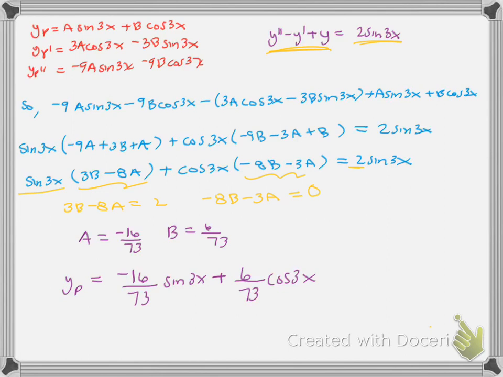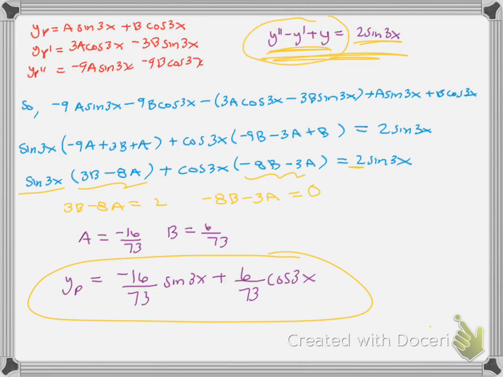Okay, and of course with any solution, you can check by taking the first and second derivative and plugging it back in on the left-hand side to get what's on the right-hand side. I don't ask you to do that, but if you're not convinced that that's your answer, then you can check it that way.